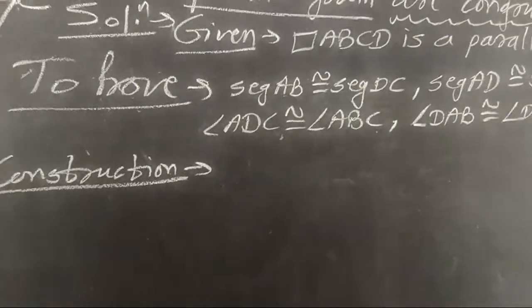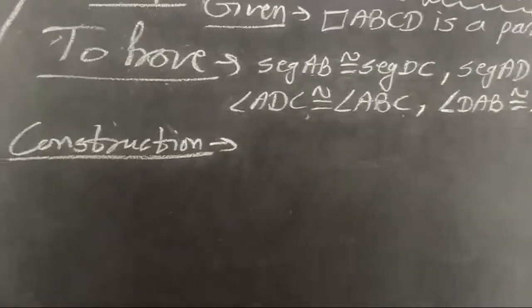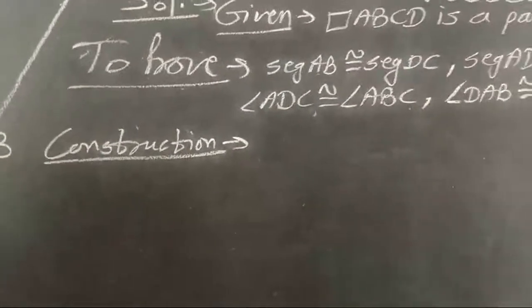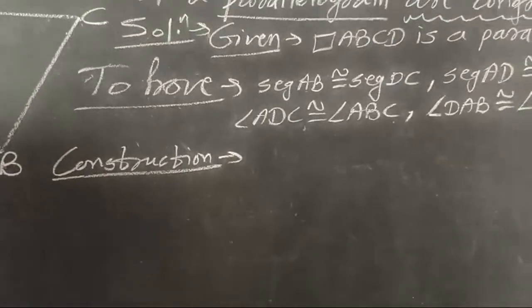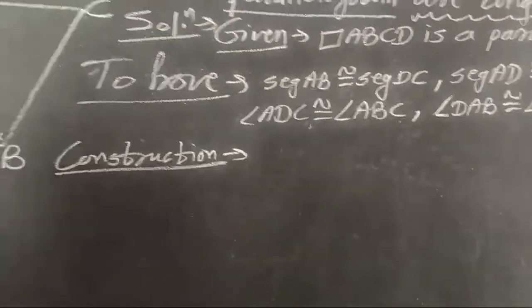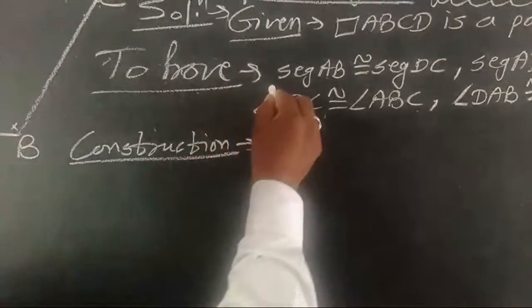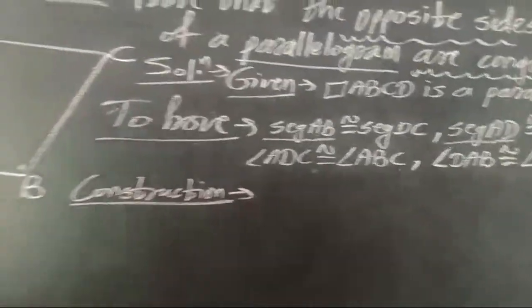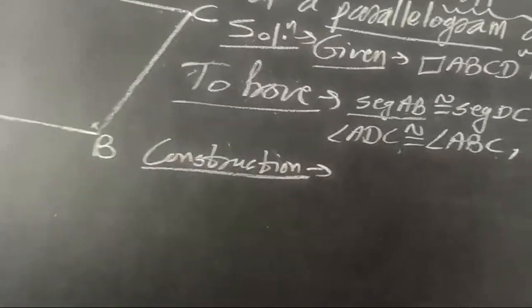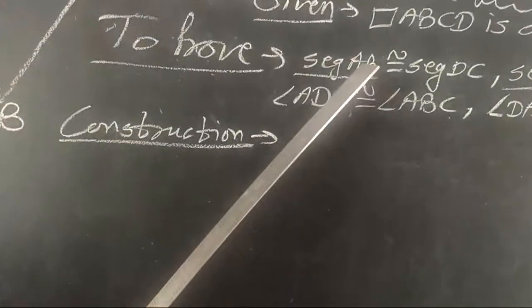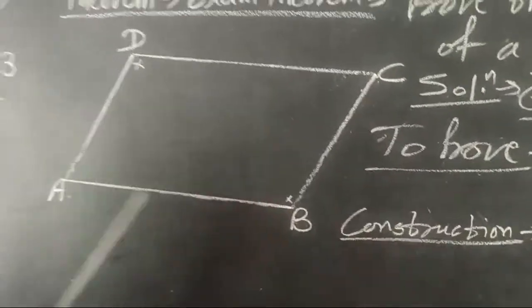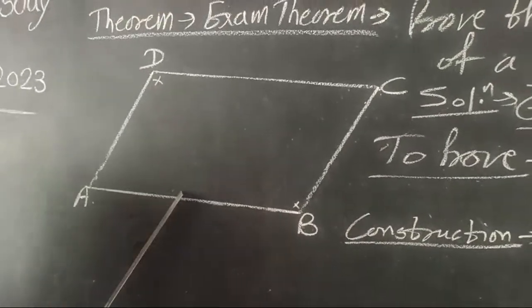Corresponding sides of congruent triangles are congruent. For that purpose, tell the names of two triangles. Side AB and AD. Tell the name of the triangle whose sides are AB and AD.